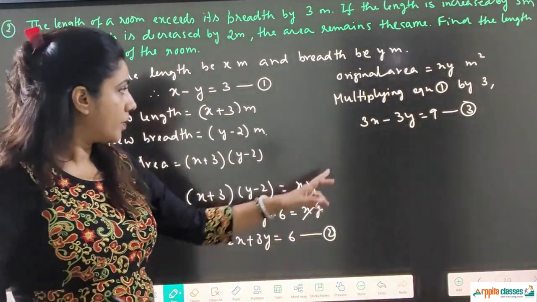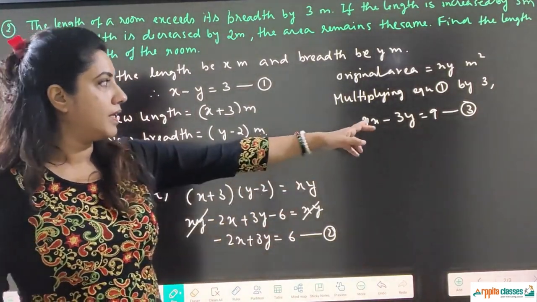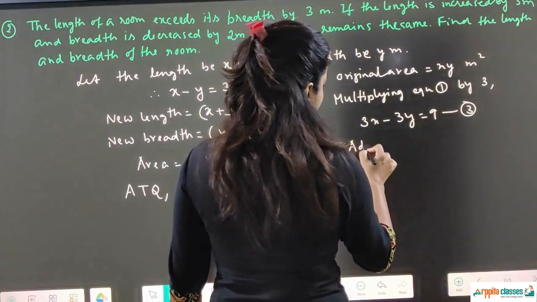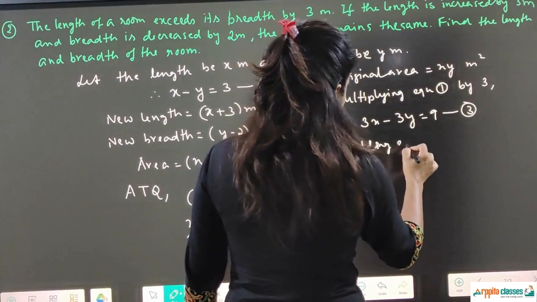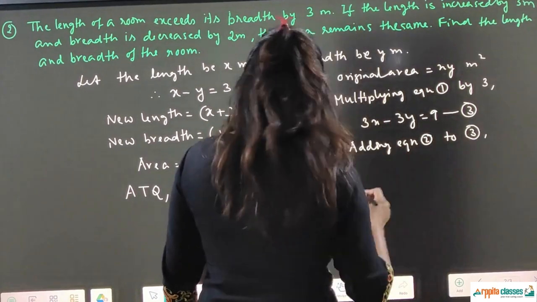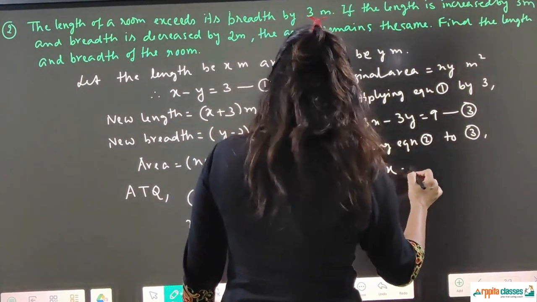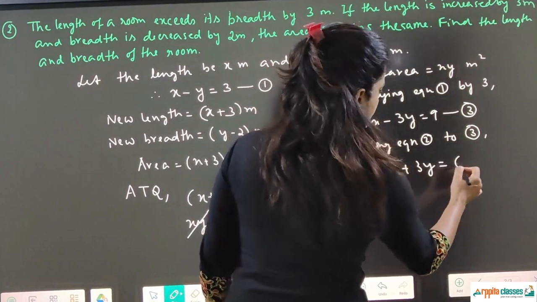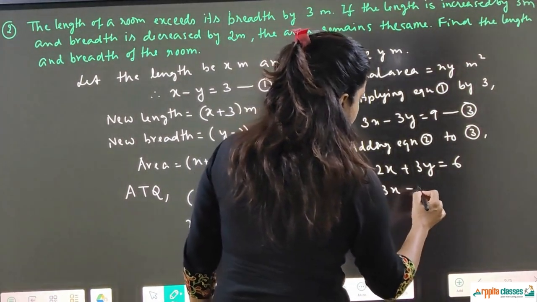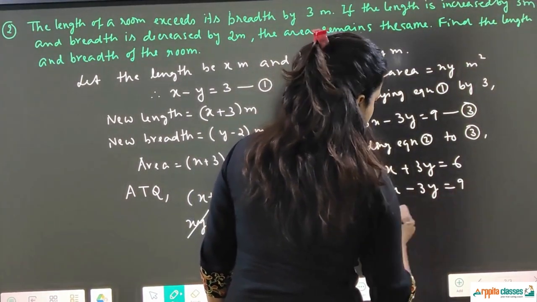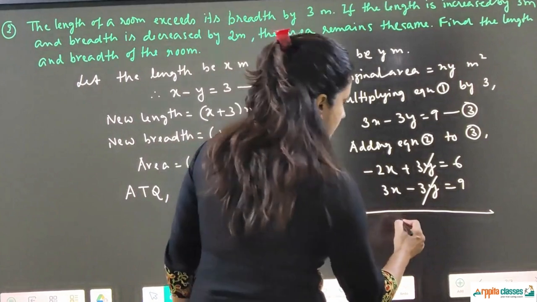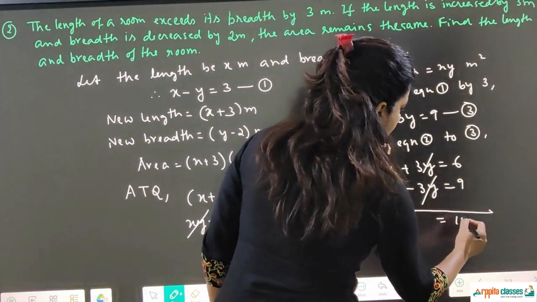Now I can see second equation and third equation, it is plus 3y, this is minus 3y. So we'll just add the two equations. So write it down, adding equation 2 to 3. First I'll write equation 2: minus 2x plus 3y is equal to 6. Below it the equation 3, that's 3x minus 3y is equal to 9. This gets cancelled. Minus 2x plus 3x will give you x is equal to 15.